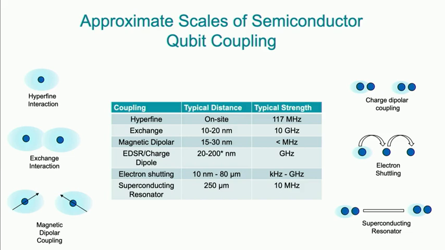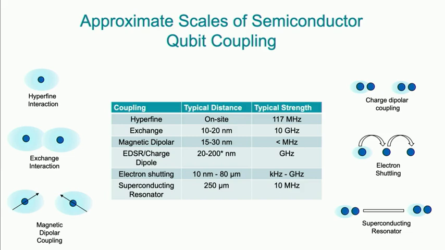If we want to go to larger sizes, move towards fault-tolerant quantum computation, perhaps we should be considering longer-range couplings. So I'll talk about some of those now and some of the progress towards seeing those. So those are a charged dipole, which you could get from an EDSR-type qubit that I'll describe in a couple of slides. And in that case, the coupling between qubits could be as much as, say, 200 nanometers between your qubits, and you still get strong coupling.